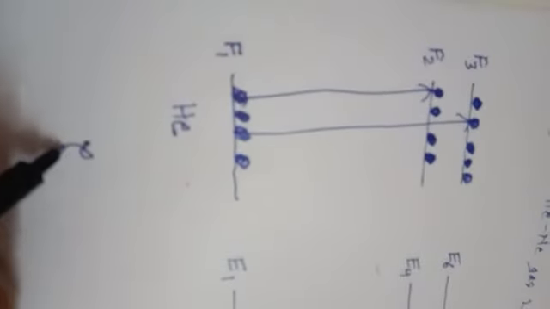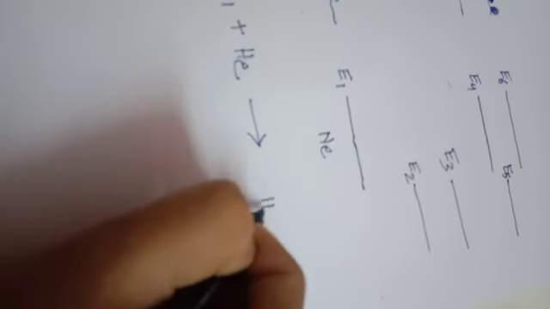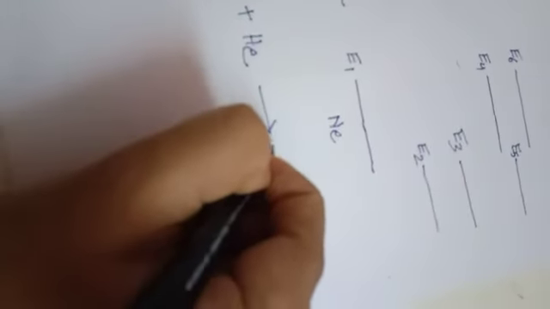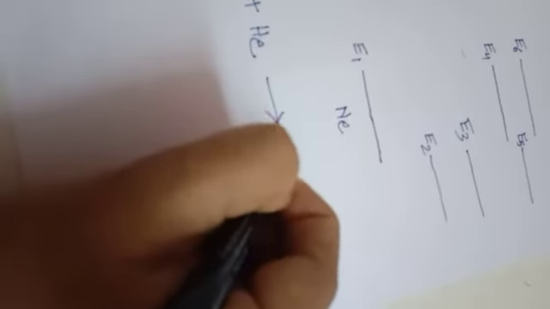So what equations will I write? Helium due to first electron impact, E1 plus helium, will be excited, so it becomes helium star. The second electron impact will continue. Then helium will transfer its energy, as in the principle we have already discussed.